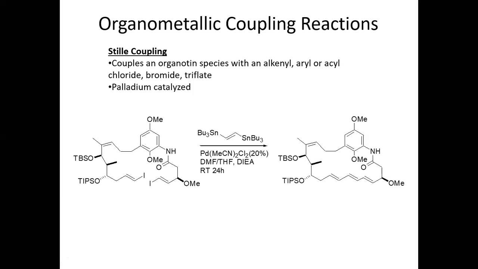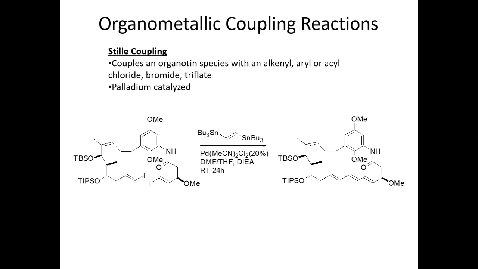It's called a Stille coupling, and it is a palladium. And what you'll see with these coupling reactions is an oxidative addition step where your substrate adds to the metal. You're also going to see a transmetallation step where the metal swaps partners with another metal, and then a reductive elimination step.